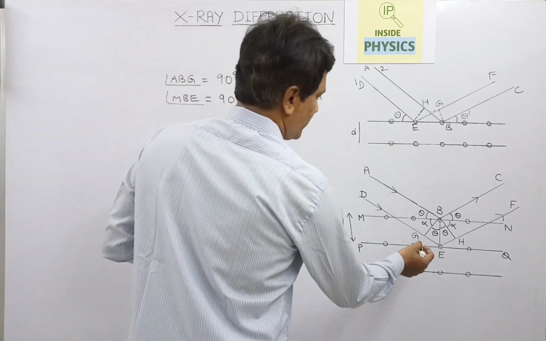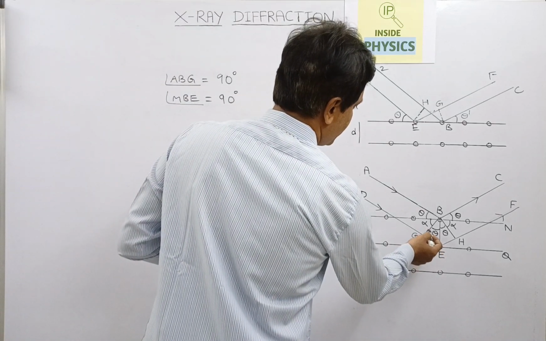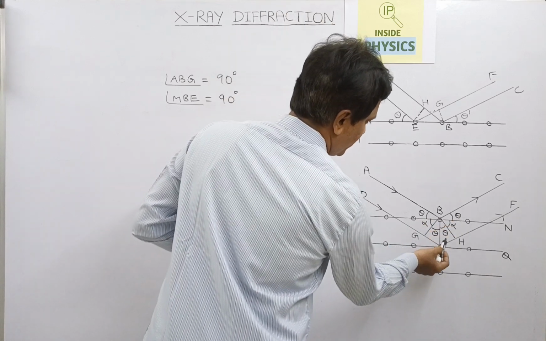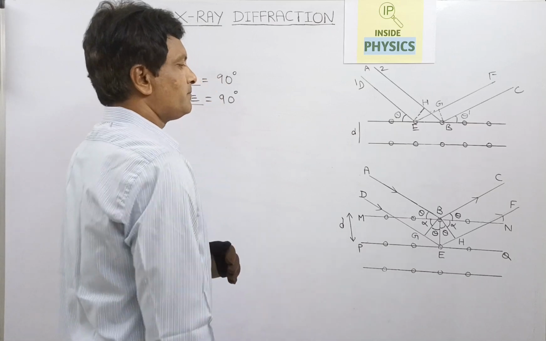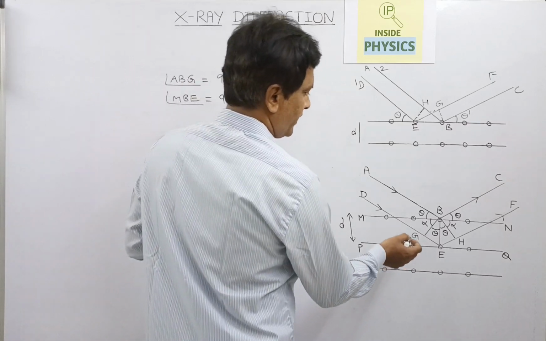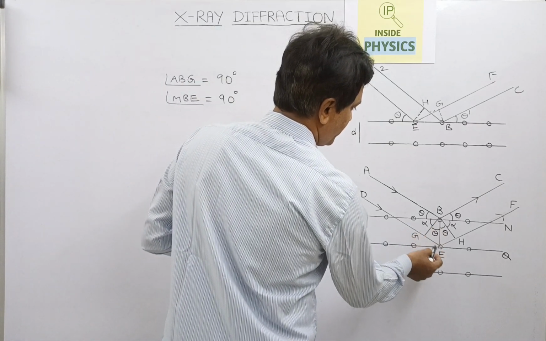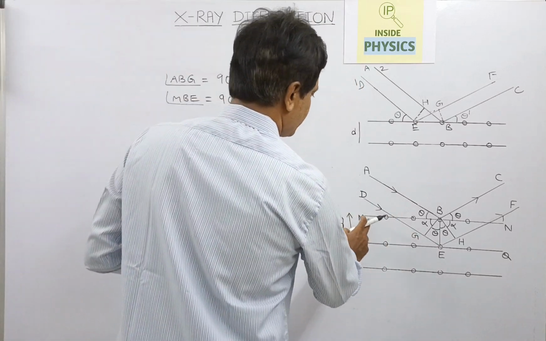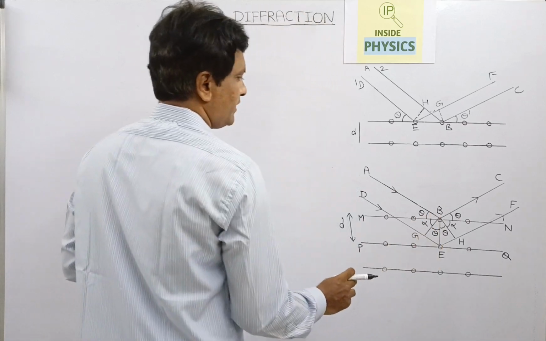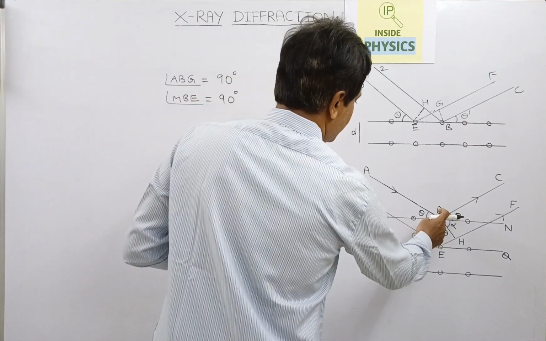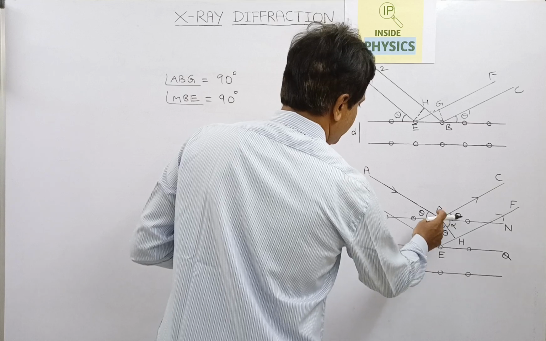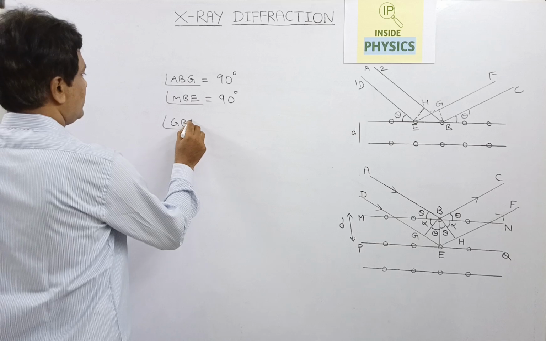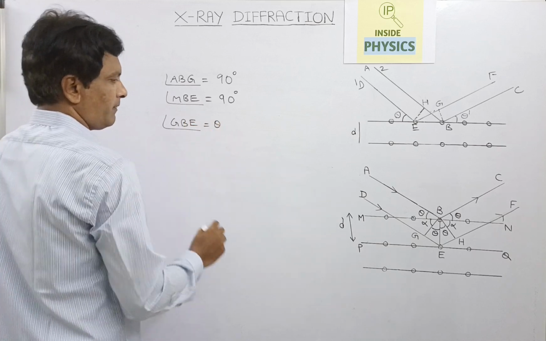Next, what is this angle alpha? If this is theta, this is also theta, as per the rules of straight lines. Then alpha plus theta from this diagram is obviously 90 degrees. We can write angle MBE is equal to 90 degrees, and angle GBE is equal to theta.